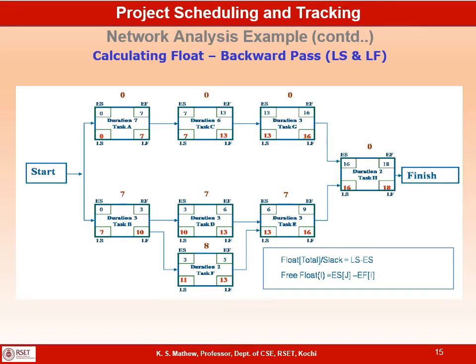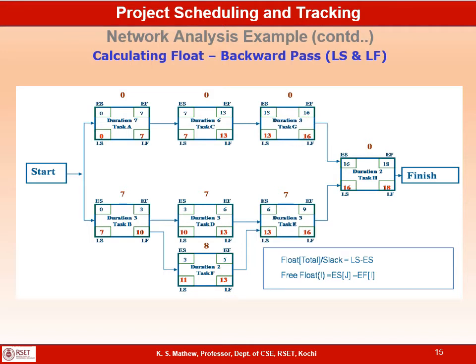The duration of G is 3, so 16 minus 3, 13 is the late start of G. And the late finish of C will be 13, which is the late start of G. The duration of C is 6, so 13 minus 6, 7 is the late start of C. And the late finish of A will be the late start of C, which is 7, and the duration of A is 7, so 7 minus 7, 0 is the late start of A. So we have completed both the forward pass and the backward pass.